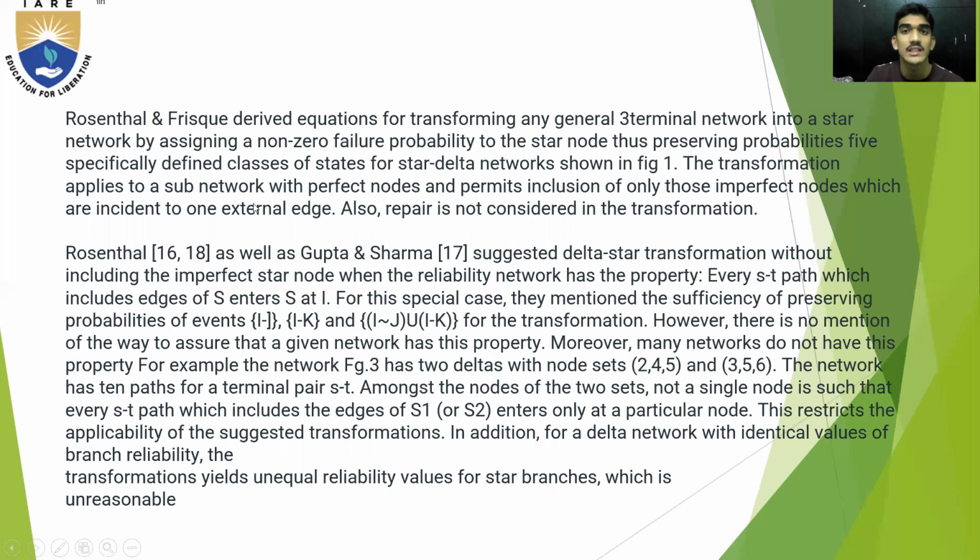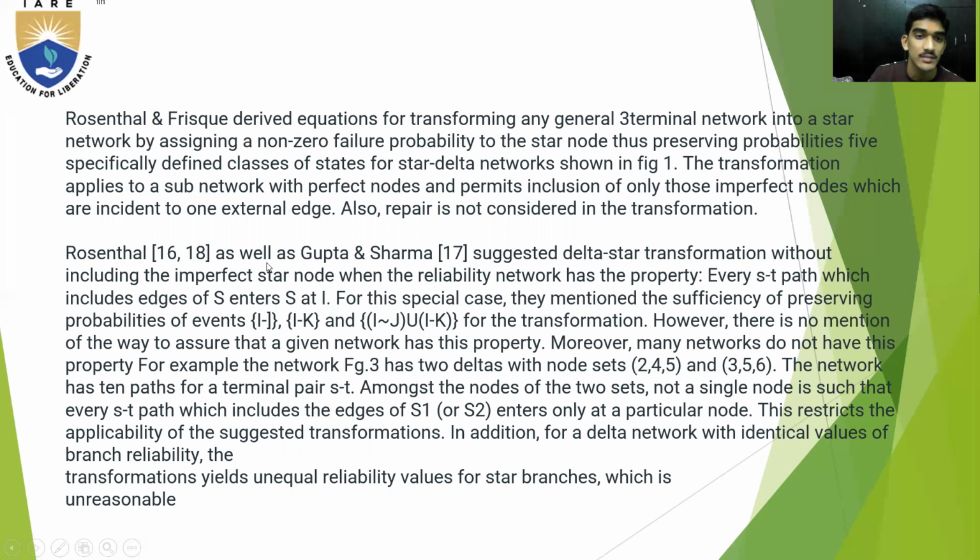The transformation applies to a subnetwork with perfect nodes and permits inclusion of only those imperfect nodes which are incident to one external edge. Also, repair is not considered in the transformation.